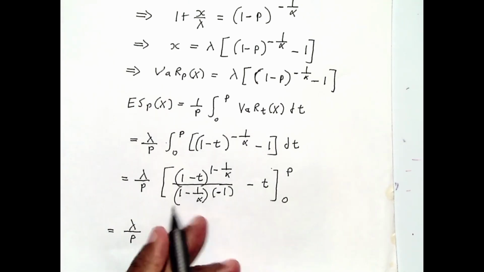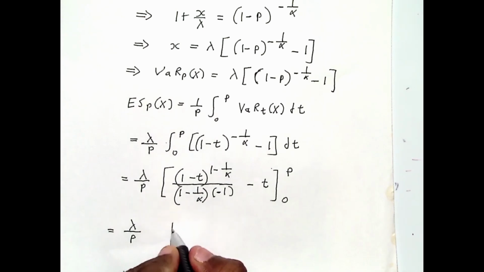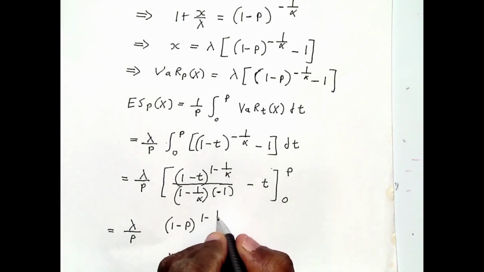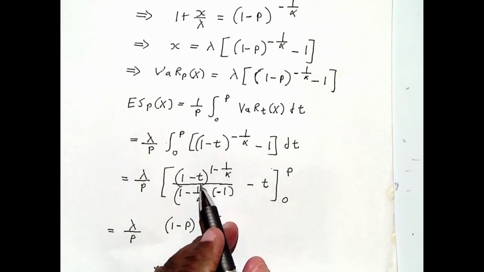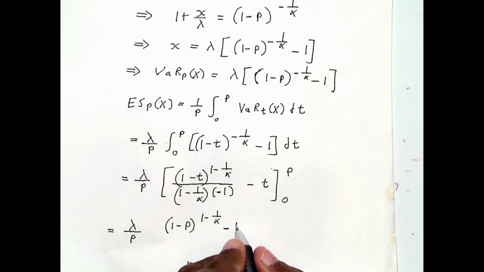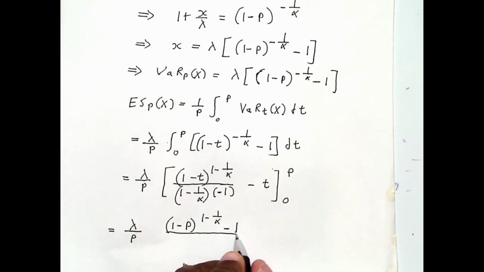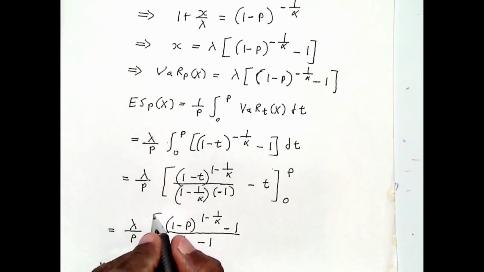So the limit at p is this, and the limit of this at 0 is 1. Okay, so this will be this, right?